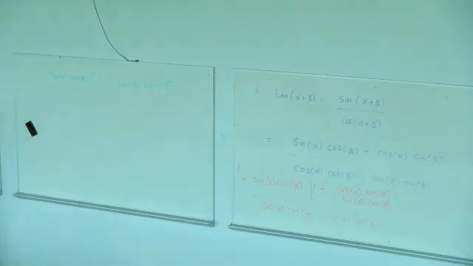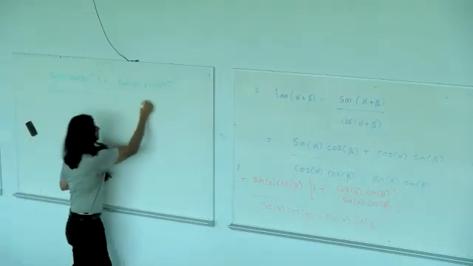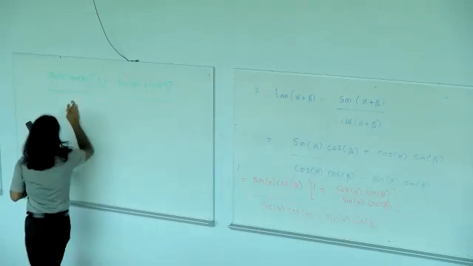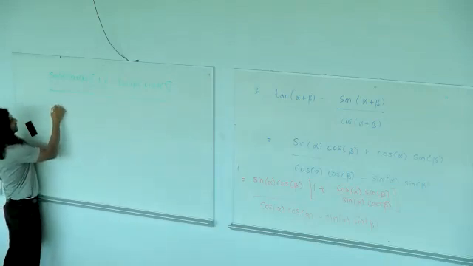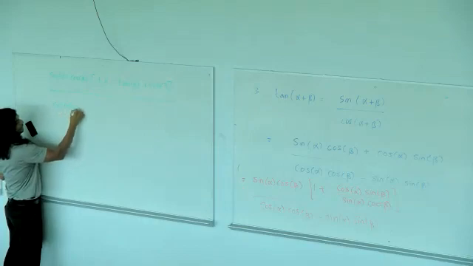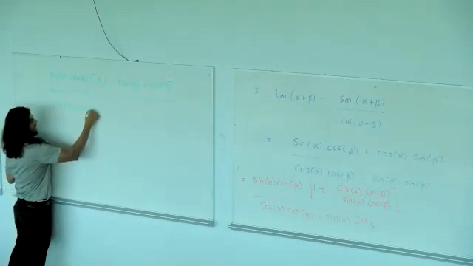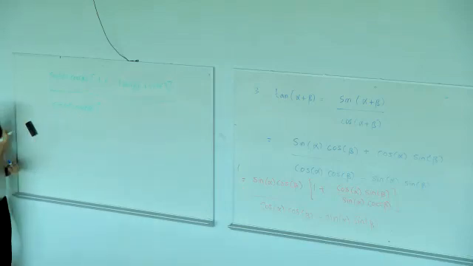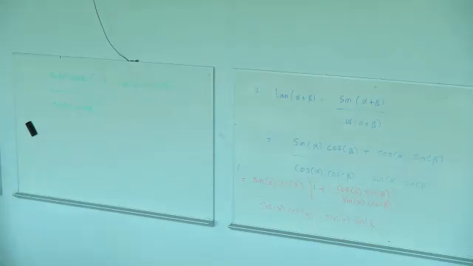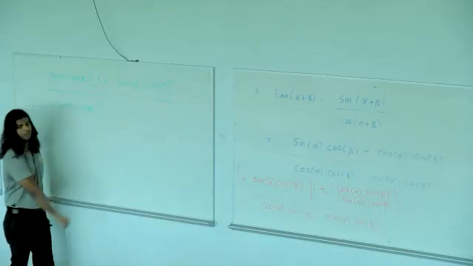For the denominator, I'm going to pull cosine alpha cosine beta out. If I pull that out of the expression, the first term would become 1.